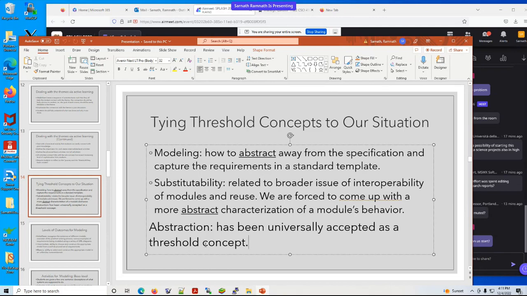That is an idea that is accepted. So both of these, modeling and substitutability, are manifestations of abstraction, and so they are valid themes to connect with the threshold concept. And so, what we're going to talk about now is how we used active learning to design all the steps in the process for these two things.